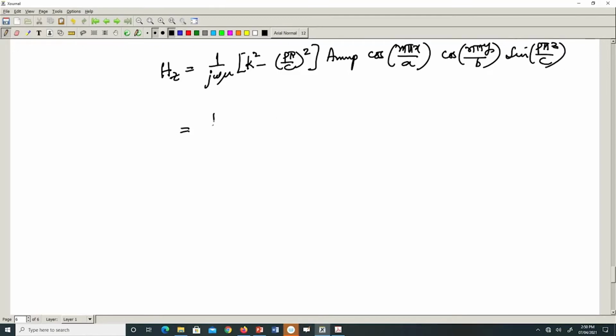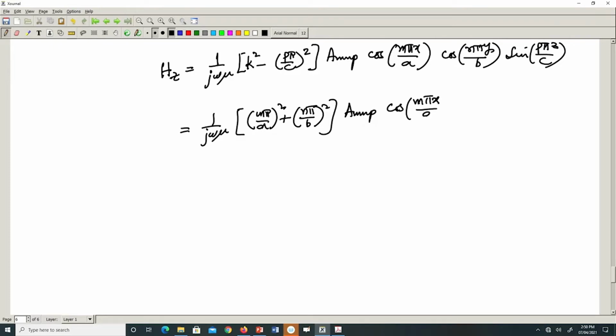That can also be written, from the separation equation, as (m pi by a) whole square plus (n pi by b) whole square, A mnp, cos m pi x by a, cos n pi y by b, sin p pi z by c.